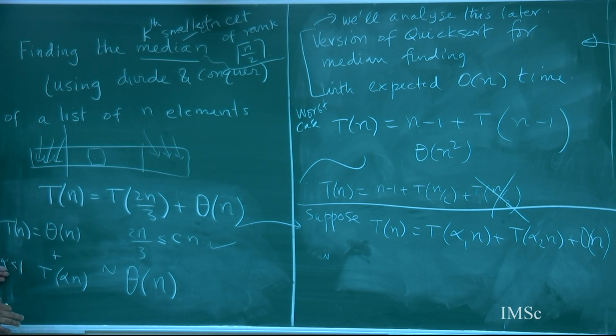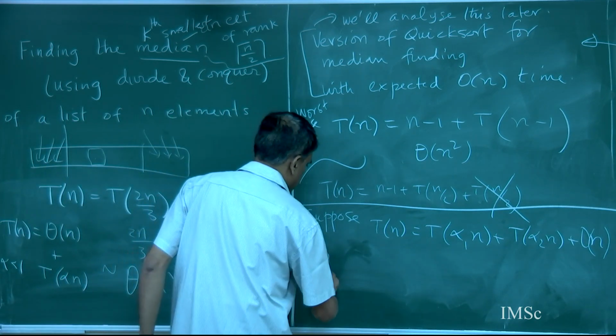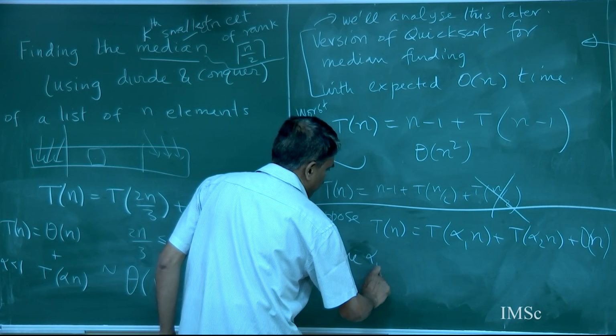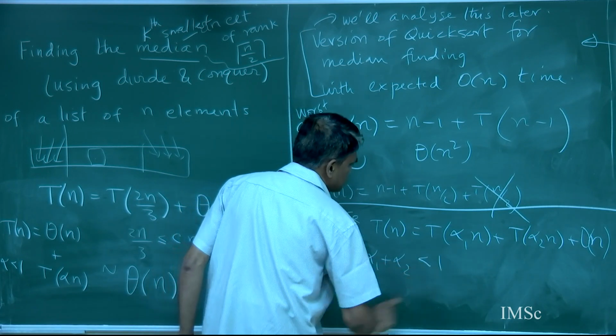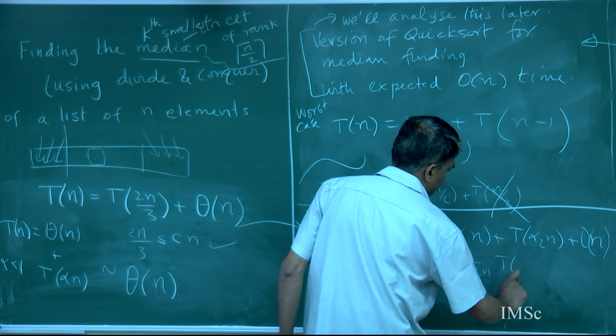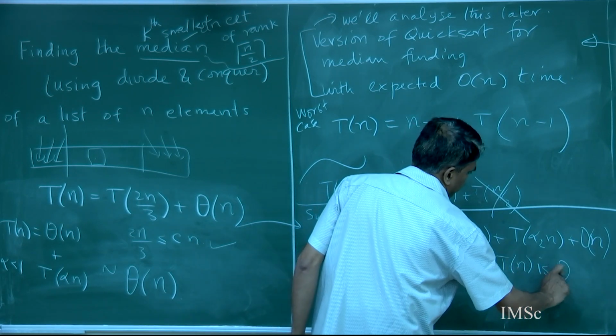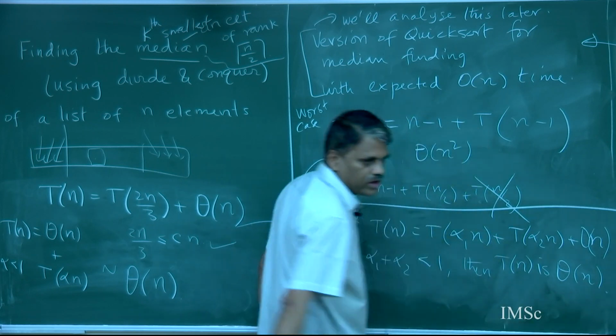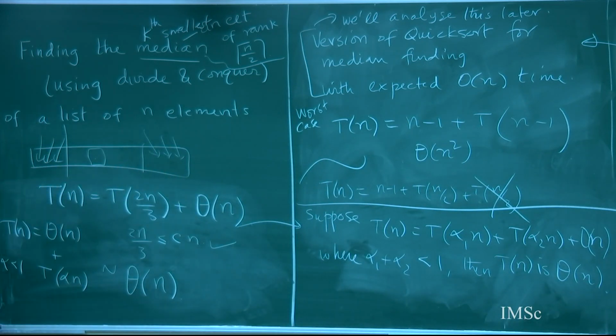If alpha was strictly less than 1, then you had a geometric series which resulted in a linear term. So if alpha 1 plus alpha 2 is less than 1, then also you have a linear term. You can actually prove this by induction.